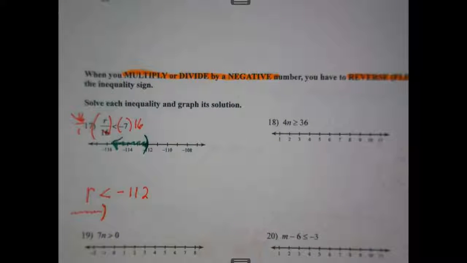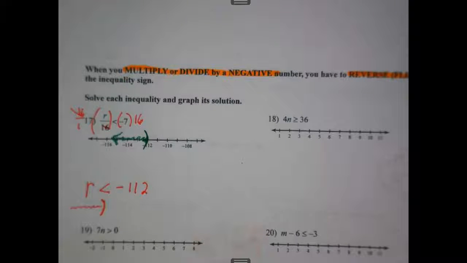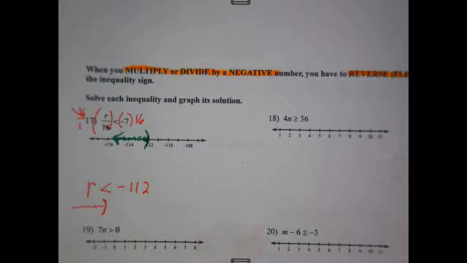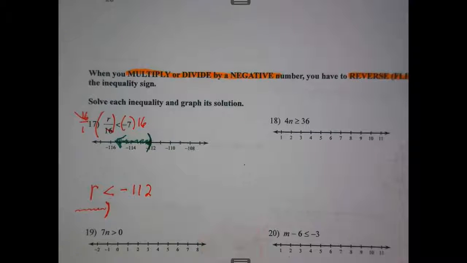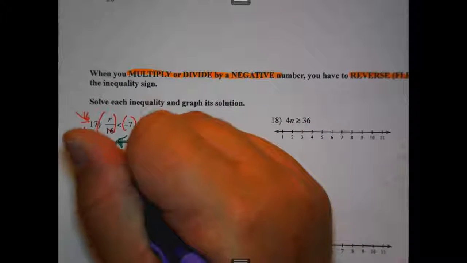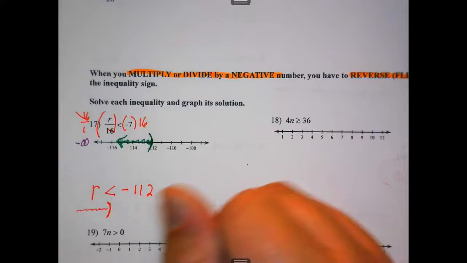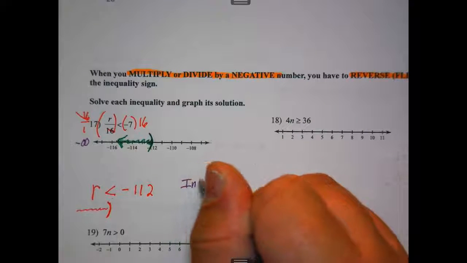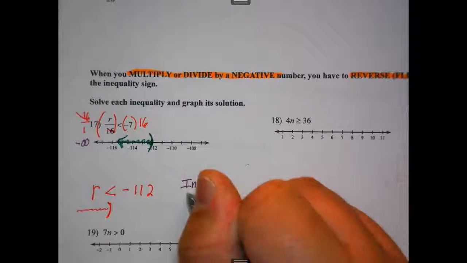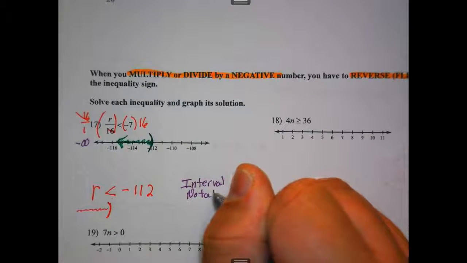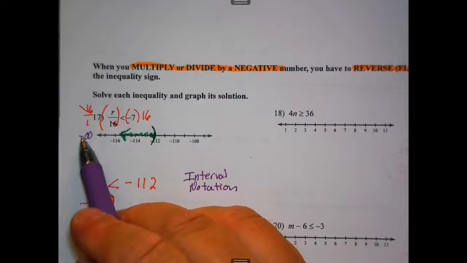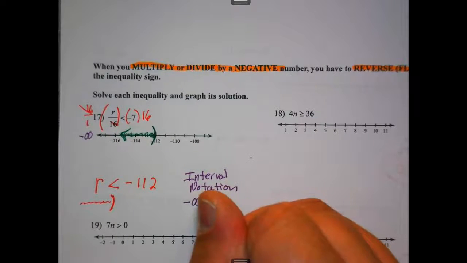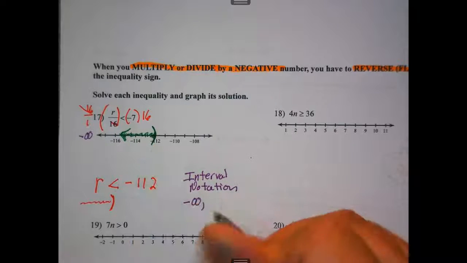I'm not going to worry about interval notation. If you want to figure out what interval notation is, again, you'll use it in Algebra 2 for 90% of the course. This goes out to negative infinity. Interval notation, I'm not going to require it in this course, but you should know about it, is going to be the interval from negative infinity to negative 112.